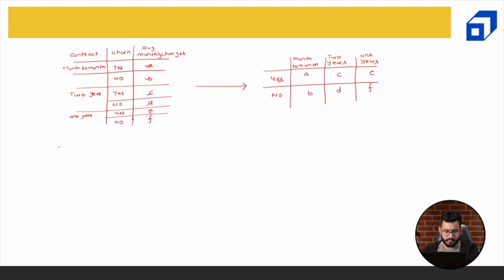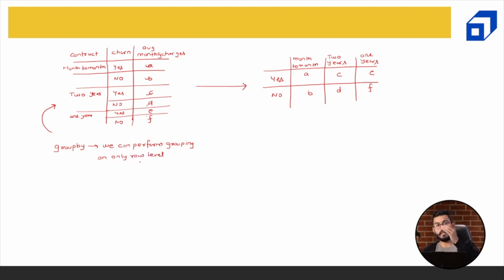So using group by, we have created this output. Using group by, we can perform grouping on only row level.